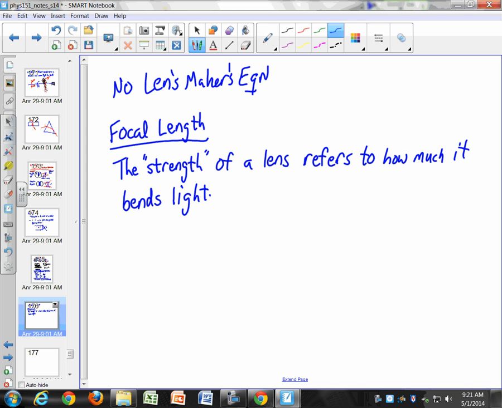A lens that bends light a whole lot will be a very strong lens, and a lens that doesn't bend light as much will be a not as strong lens. So the strength just refers to how much it bends light.